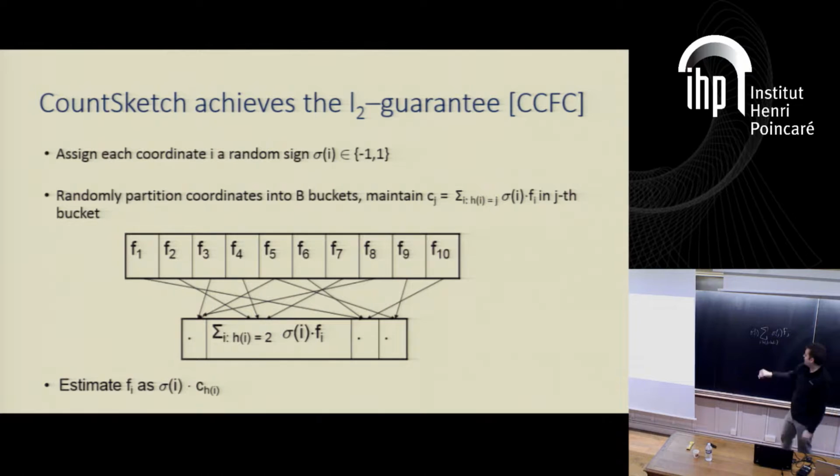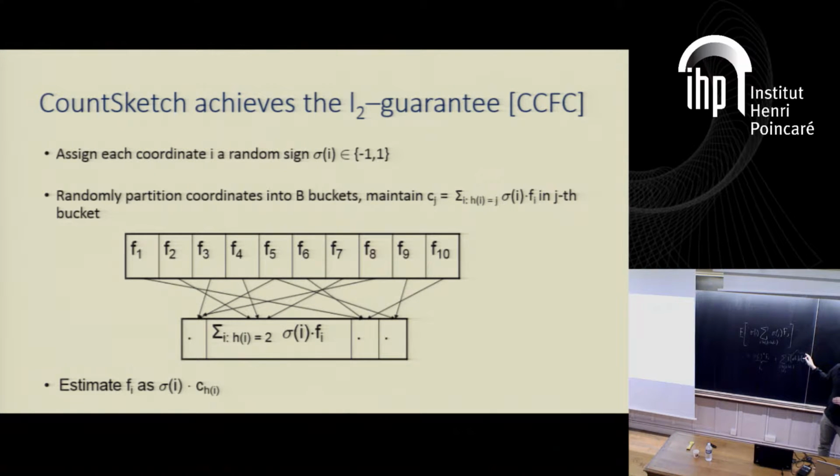If I look at the expectation of this, I get sigma i squared f sub i, which is deterministically equal to f sub i, plus, by linearity of expectation, the sum over j such that h of j equals h of i of the expected value of sigma i sigma j times f sub j. And this is 0 for i not equal to j, because we already took out the i. This is 0 always. So it's an unbiased estimator.